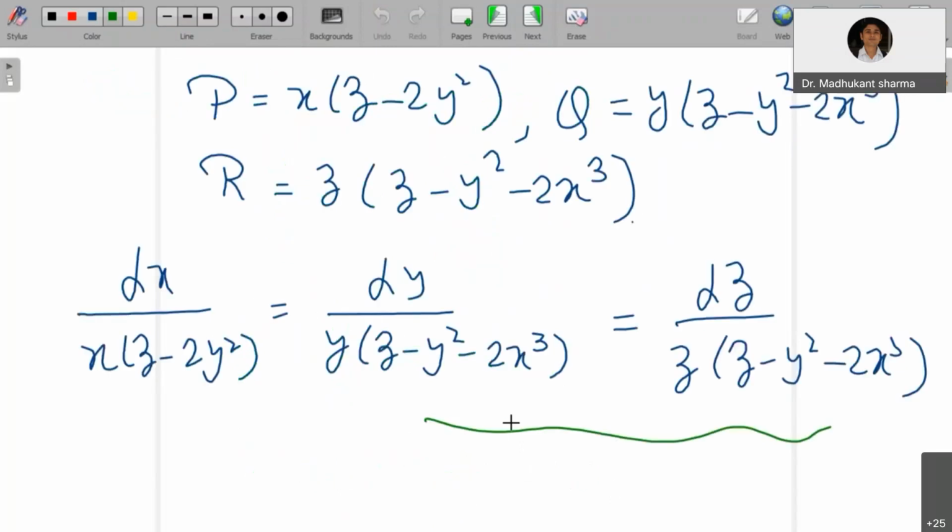Now for the other pair, any other pair which you can work out.